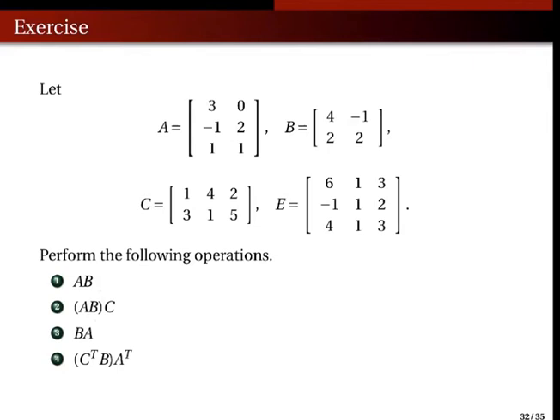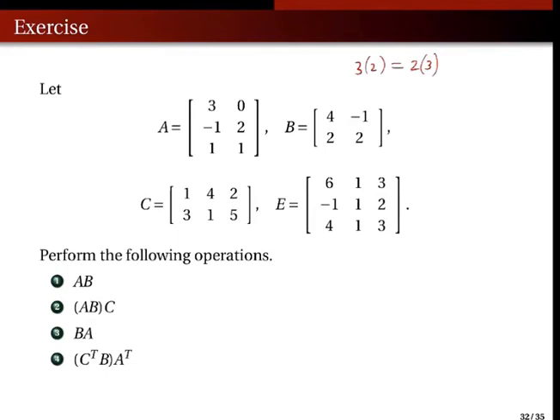And then we will show that you cannot just interchange the location of the matrices in the multiplication. Unlike in the set of real numbers, your 3 times 2 is equal to 2 times 3, so you can interchange actual numbers.